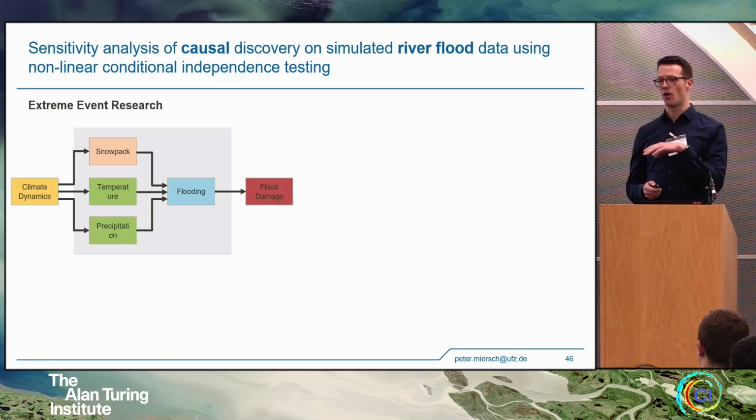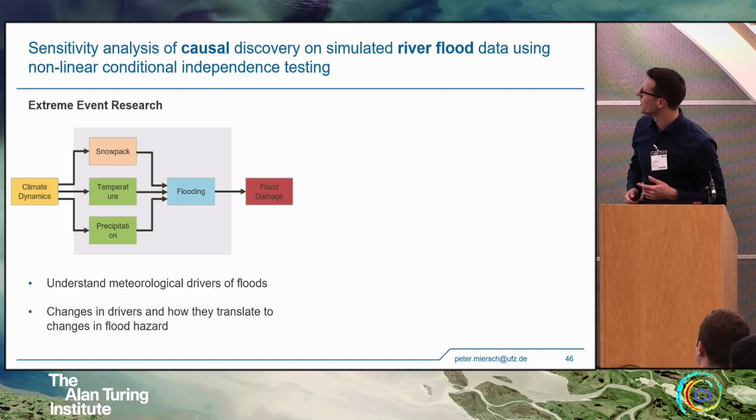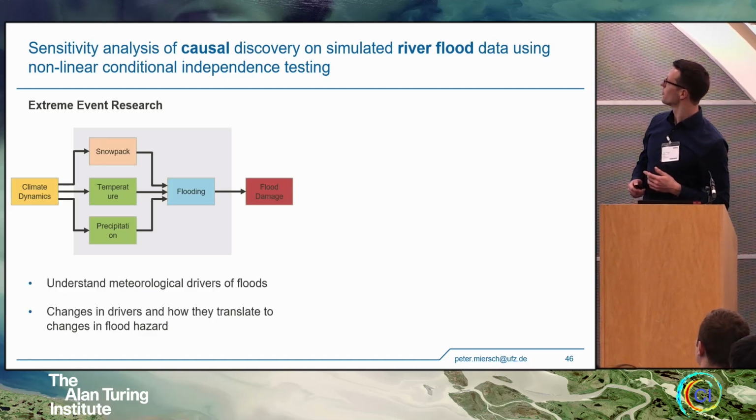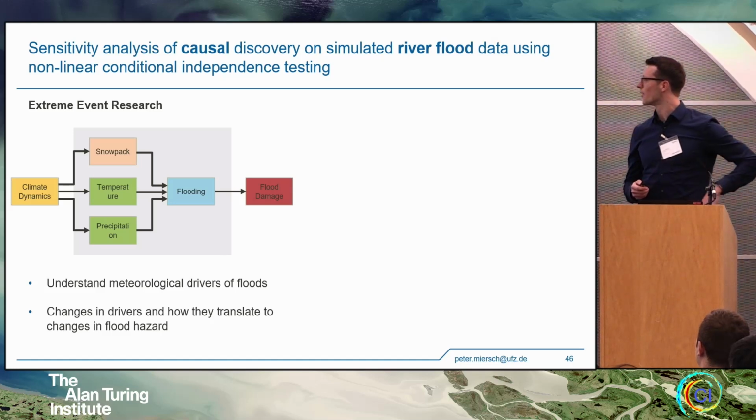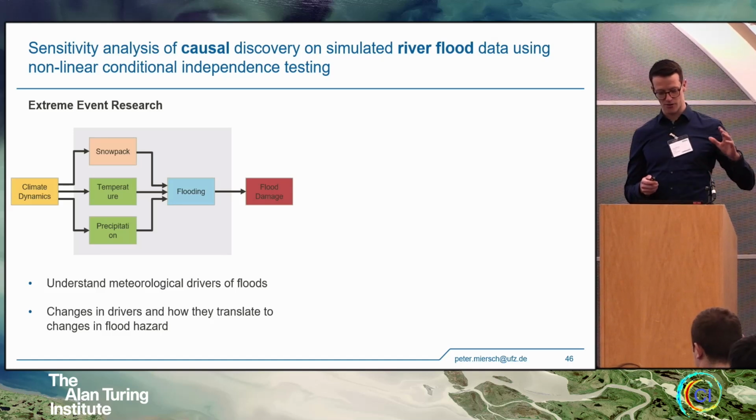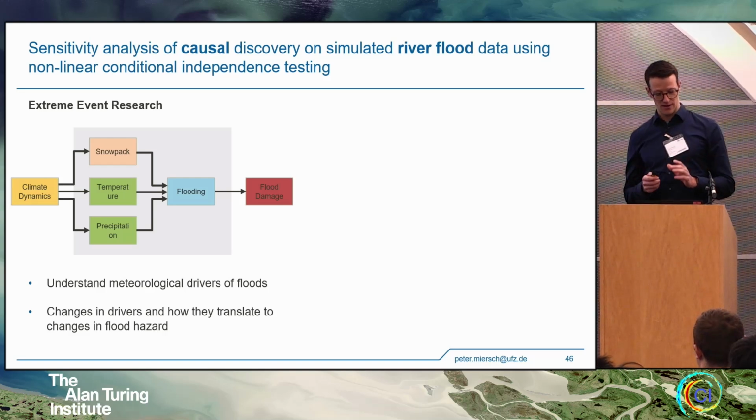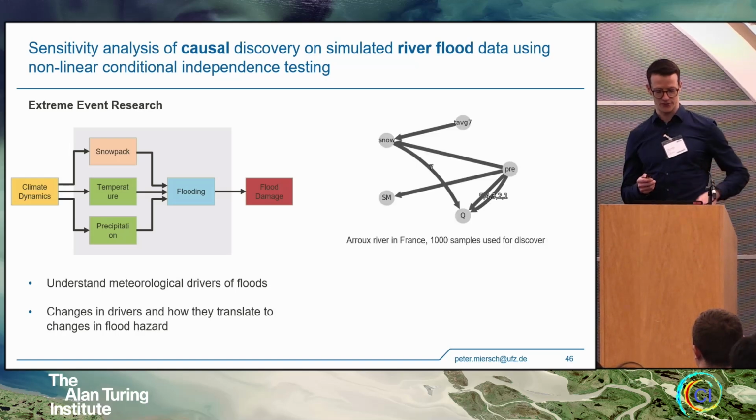And while I know that there are a lot more things modulating this, as we saw in the previous session, I will only focus on the gray area, which you probably cannot see very well here. So I just want to understand how meteorological drivers work for these floods and how the changes in these drivers translate into changes in the hazard discharge.